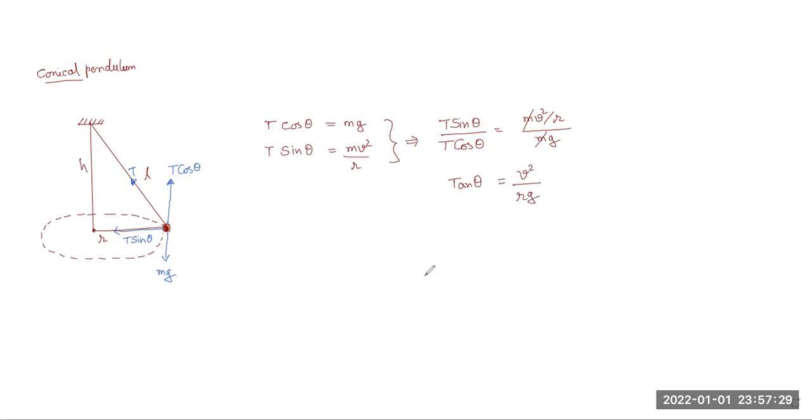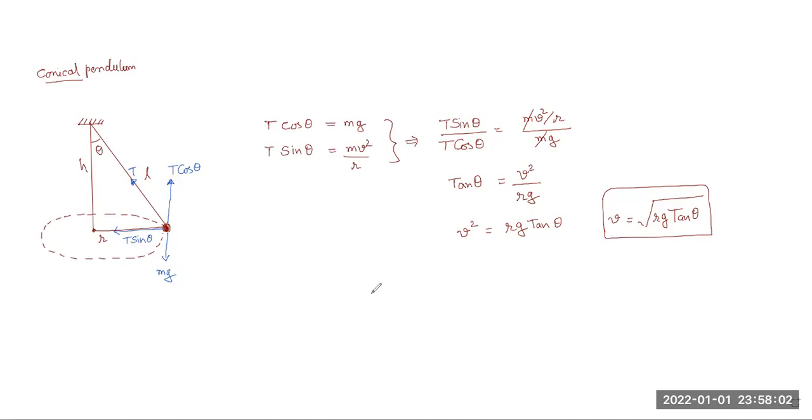So v square is equal to rg tan theta, and that is v equals root of rg tan theta. In this equation, theta is this angle.